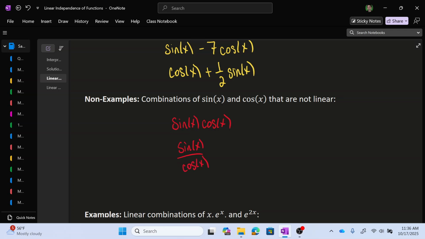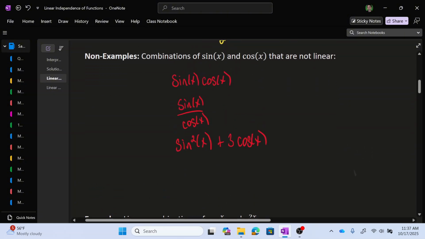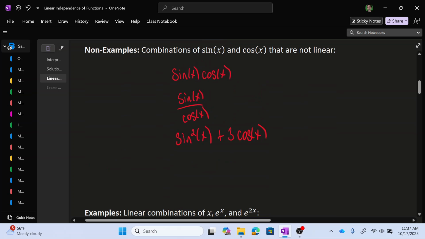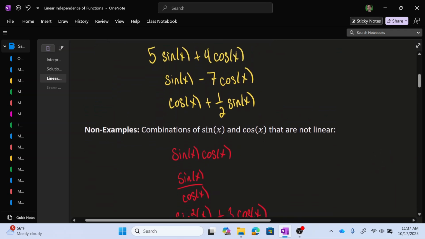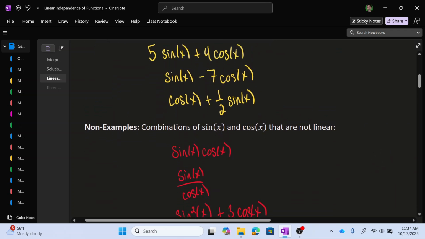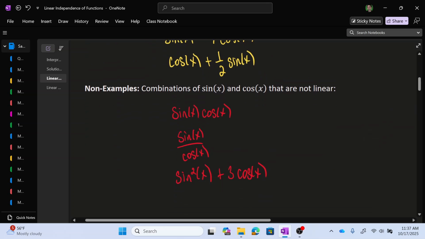I am not, for example, allowed to have any of these functions raised to a power. Exponents are not permitted. So anything like this, any combination of sine and cosine that is created by any action other than simple constant multiples, simple addition, and simple differences, these are not considered linear combinations.